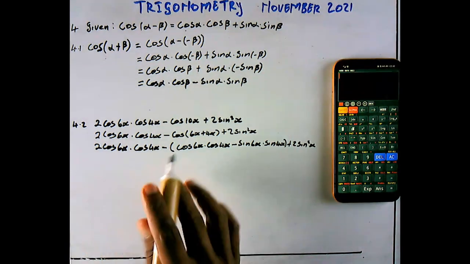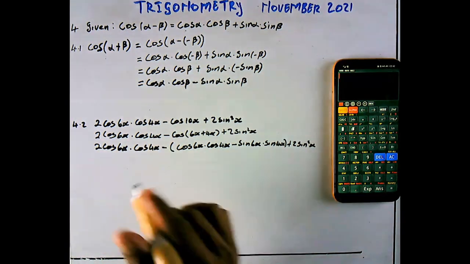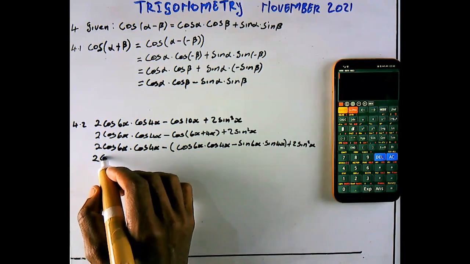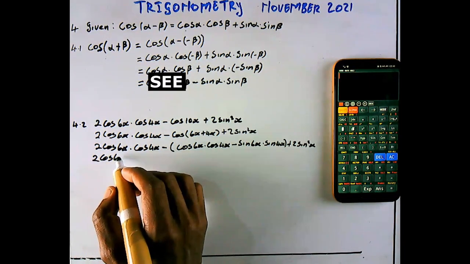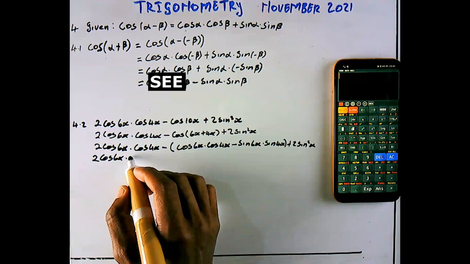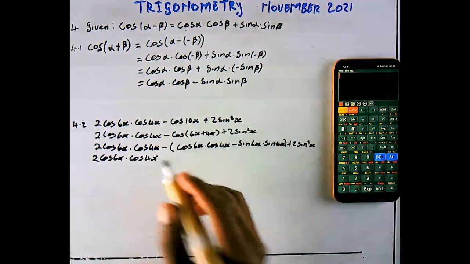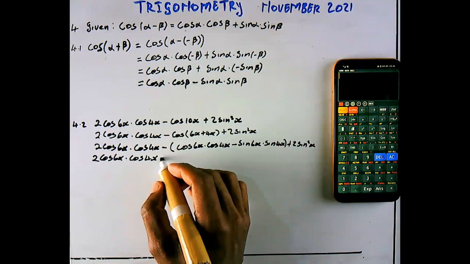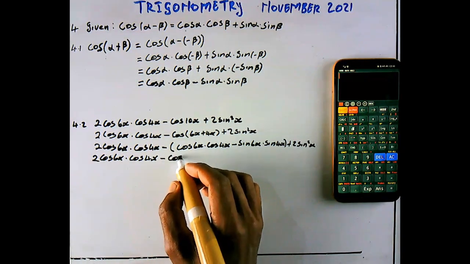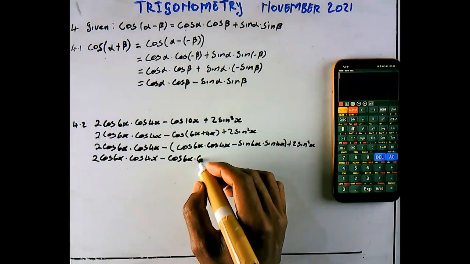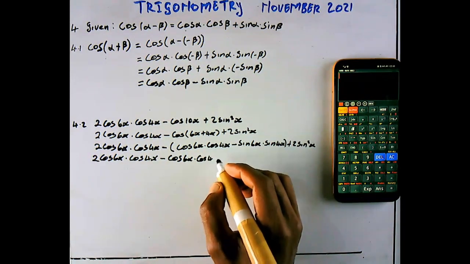Then we have to remove the brackets. We are going to have 2 cos 6x multiplied by cos 4x minus cos 6x multiplied by cos 4x.